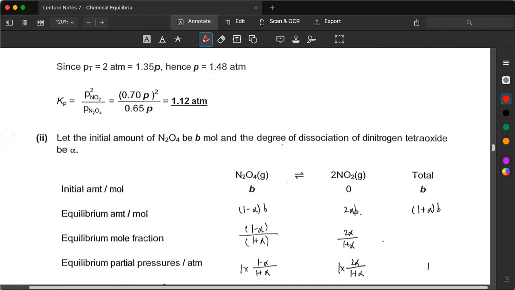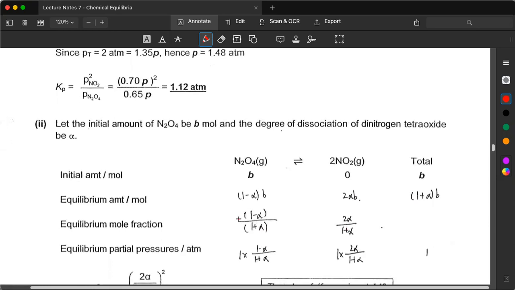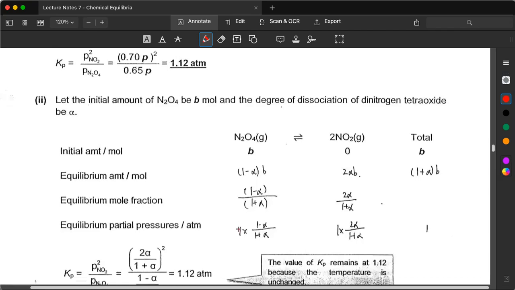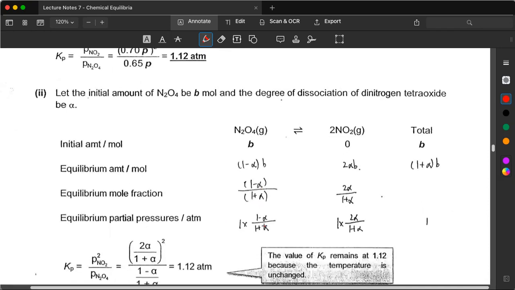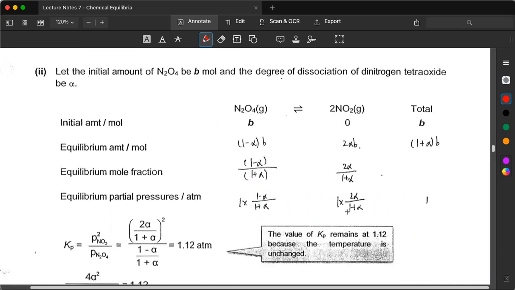Same for here, this divided by this. After that, you have to find the mole fraction because I need the partial pressure. Because now it changes to 1 atm in the second question, if you recall, you times the mole fraction times the total pressure, and that gives you the partial pressure. Then you just have to sub in here.